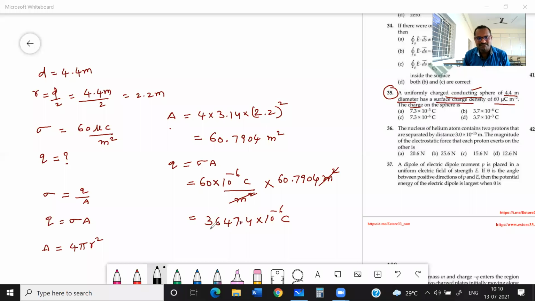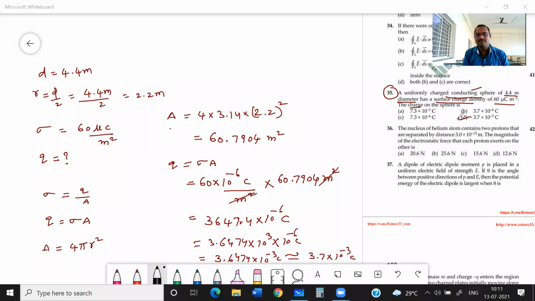This digit we send to this side, and you will get 3.6474 into 10 to the power of 3 into 10 to the power of minus 6. It can be written as 3.6474 into 10 to the power of minus 3 coulomb. It is approximately equal to 3.7 into 10 to the power of minus 3 coulomb. Option D is there. Option D is the right answer.